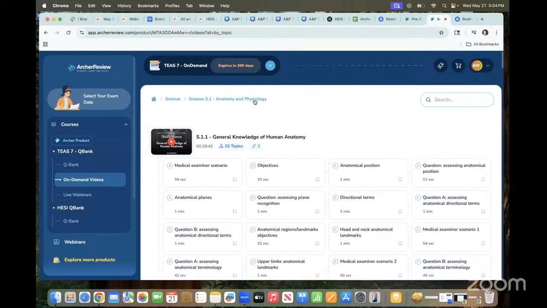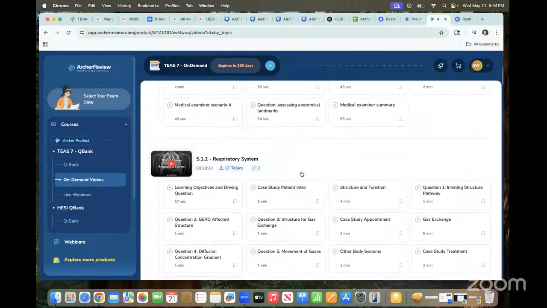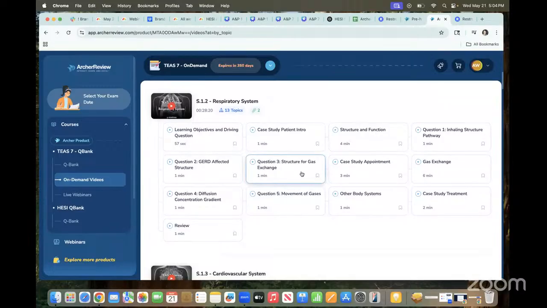Click into A&P and it breaks it down even farther for you. Let's say we go through general terms in anatomy, you've got that, no problem. But maybe with the respiratory system, there are some things in there that you want to touch up on. Notice how each respiratory system section has its own topic that you can go into. Within the respiratory system, let's say basic structure and function, you've got down.